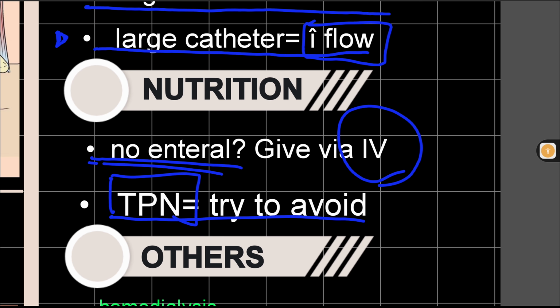I see this in my practice, and it's not really a definite indication. Once the patient is on TPN, let's say on terminal cancer, terminal gastric cancer, you're not going to insert a central line just to deliver TPN. No, we can definitely give it via PIV, peripheral IV.